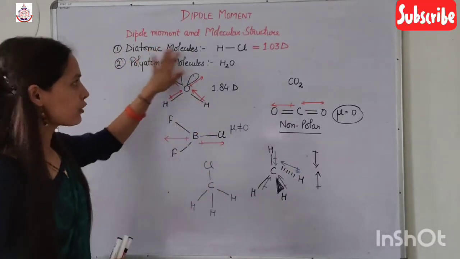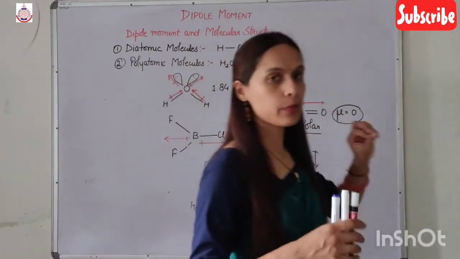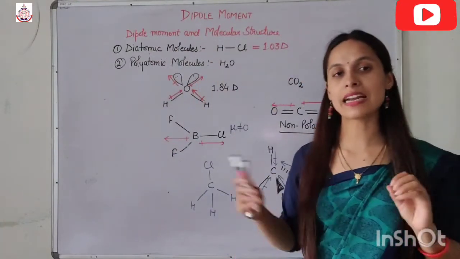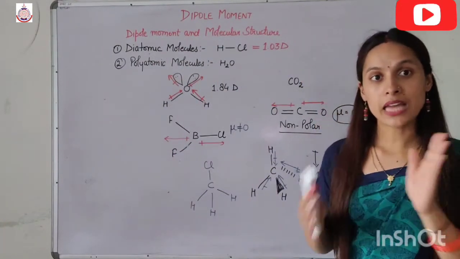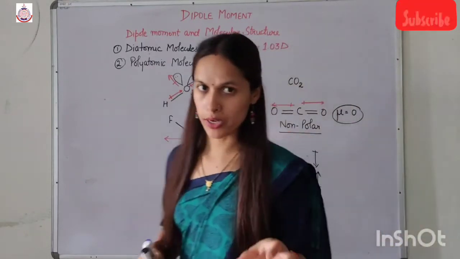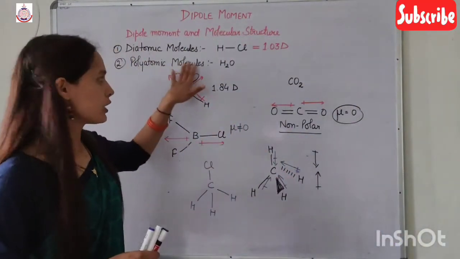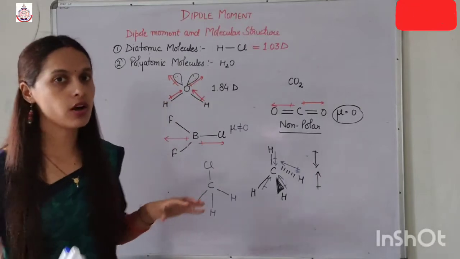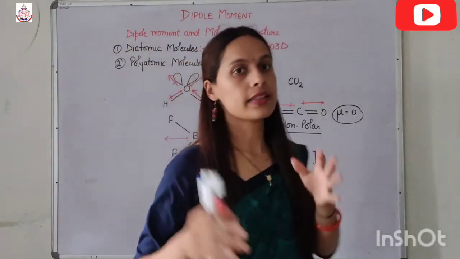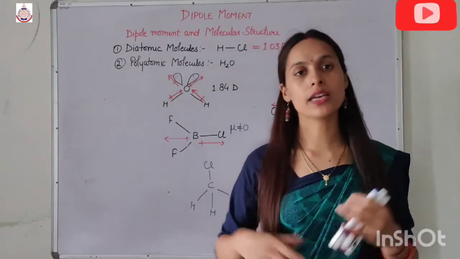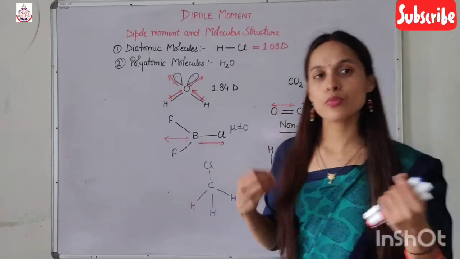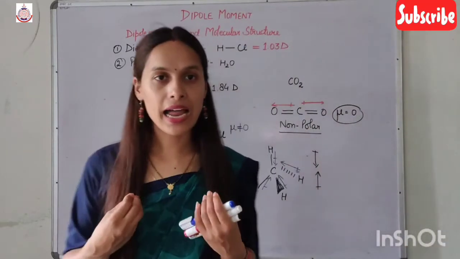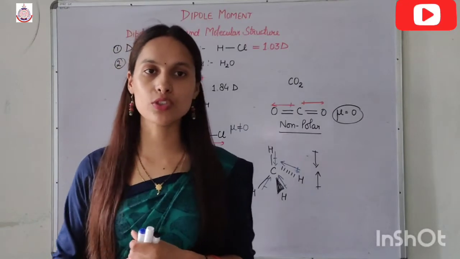So in a diatomic molecule, the dipole moment of the molecule is exactly equal to the dipole moment of the particular bond. But in a polyatomic molecule, it is not necessary that the dipole moment of the molecule is equal to the dipole moment of the individual bonds.